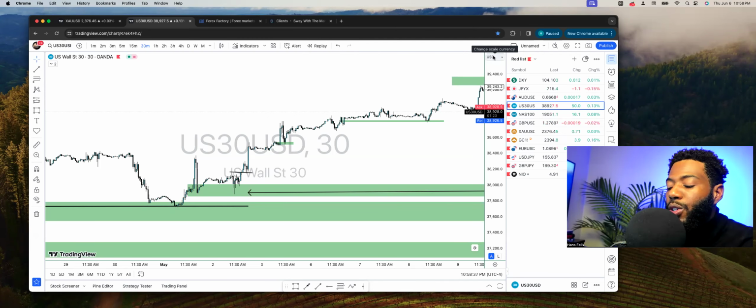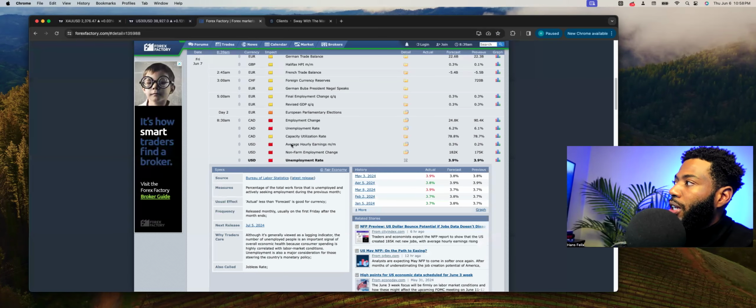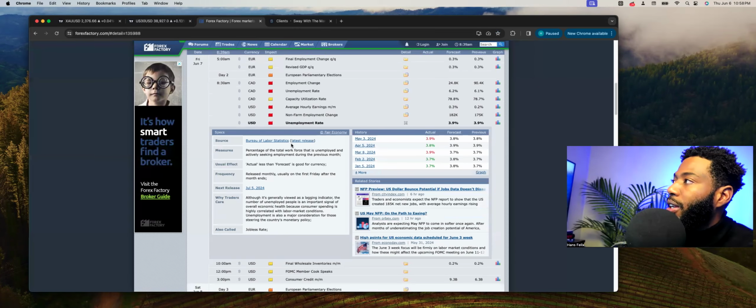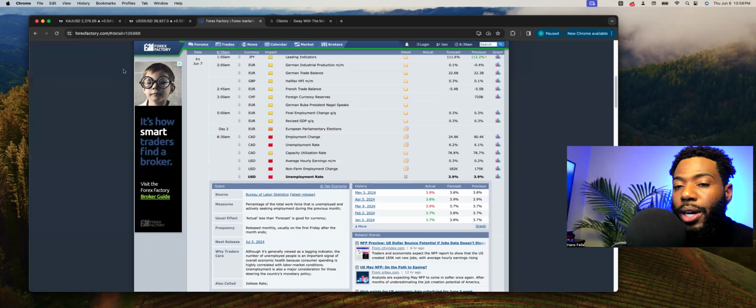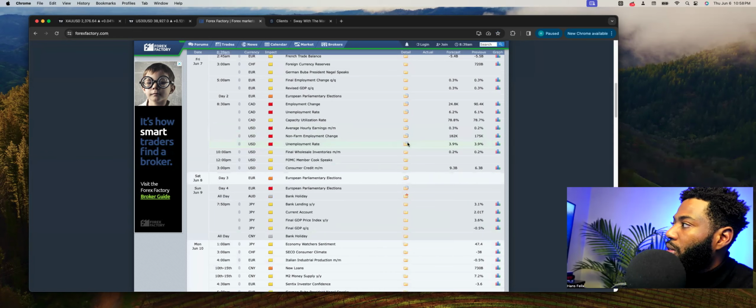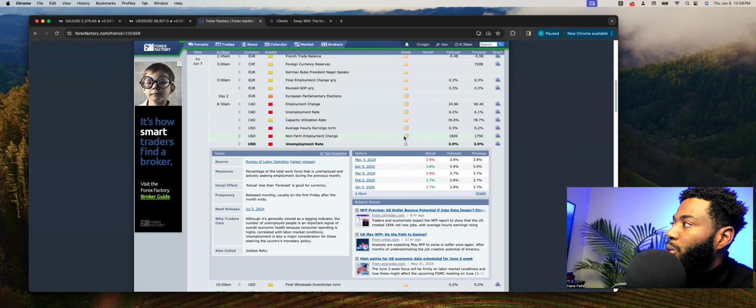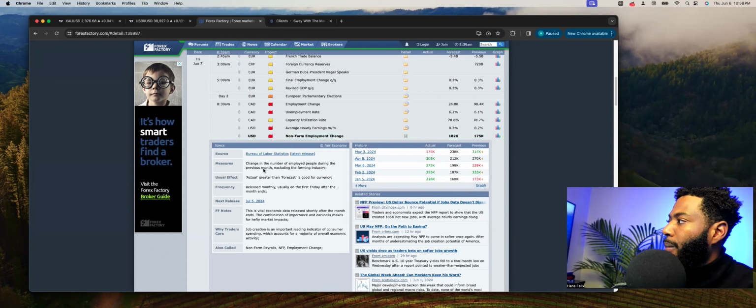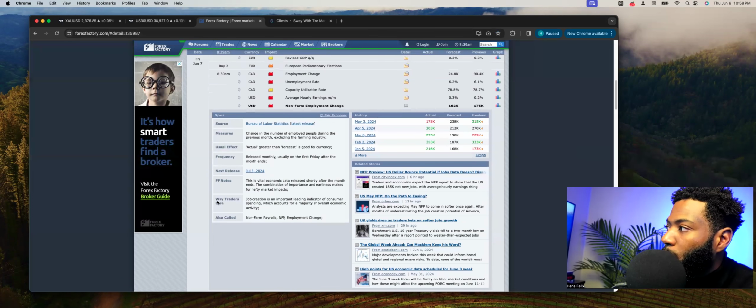Now, first and foremost, if you've never heard of what NFP is, it is the non-farm payroll. On forexfactory.com, all you got to do is hit this little yellow folder right here, and it'll tell you exactly what you need to know. I'm going to click on where it says non-farm payroll over here, and you're going to see that it says why traders care.